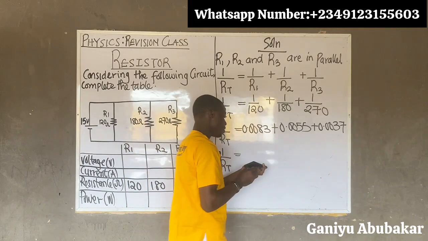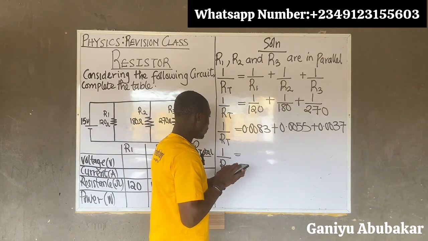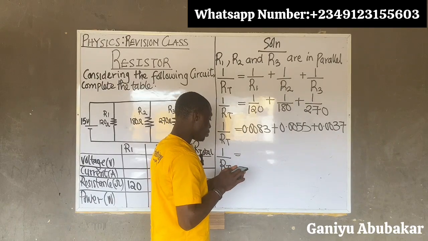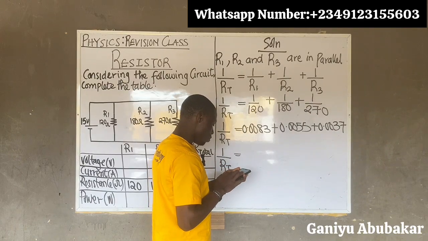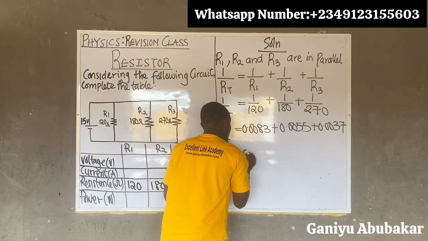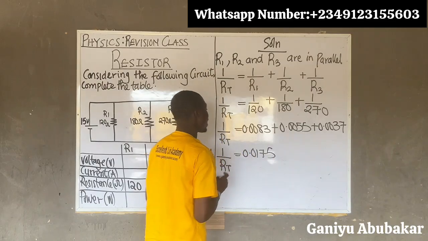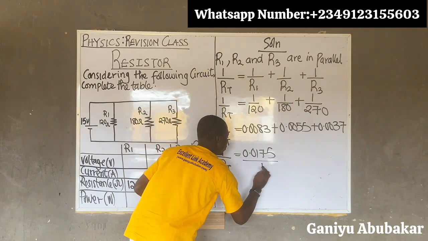Now add them up. 0.0083 plus 0.0055 plus 0.0037 gives me 0.0175. Of course, I can attach an invisible 1 here, over 1.